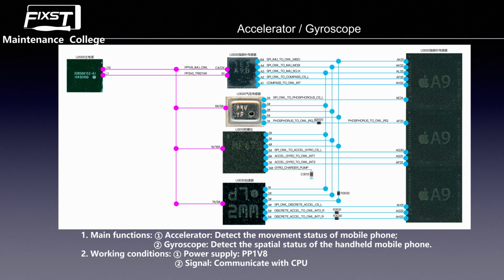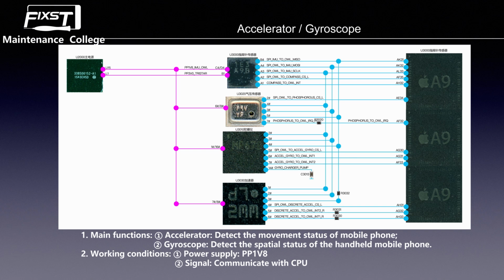The main function of the accelerator is to detect the movement status of the mobile phone, so that we can know how many steps we walk in one day. And the gyroscope's function is to detect the spatial status of the handheld mobile phone.